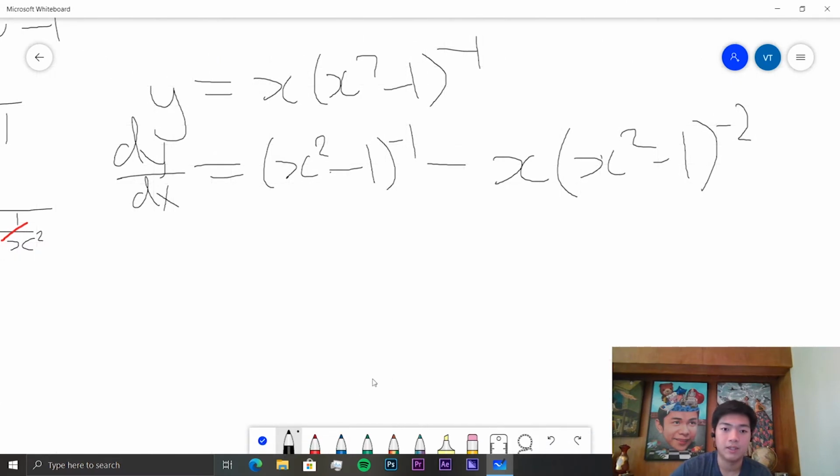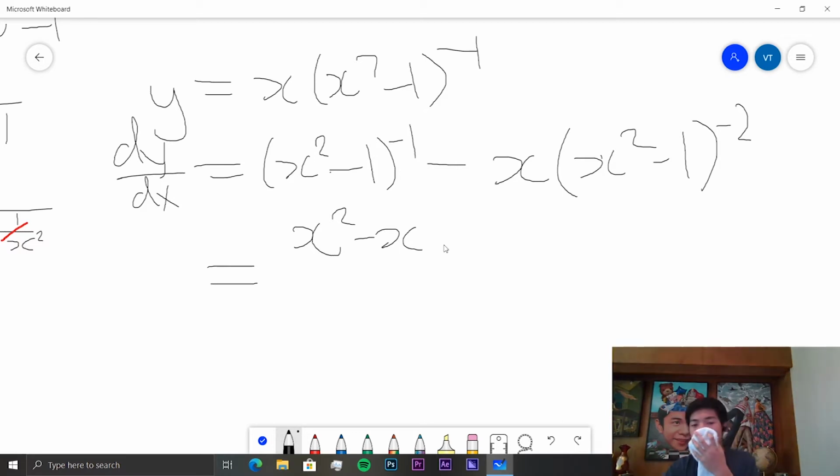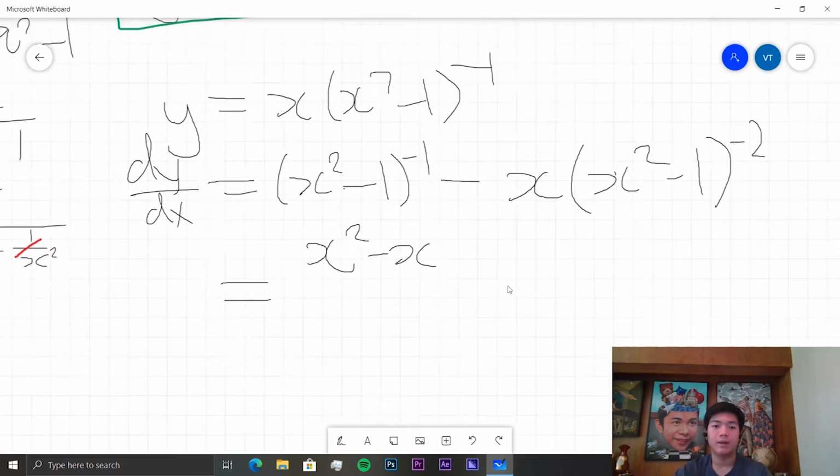So this would, in effect, be equal to minus x over here. We have a normal function here. So let's express it all in terms of this. So this would be x squared minus x... Oh, sorry, I forgot.